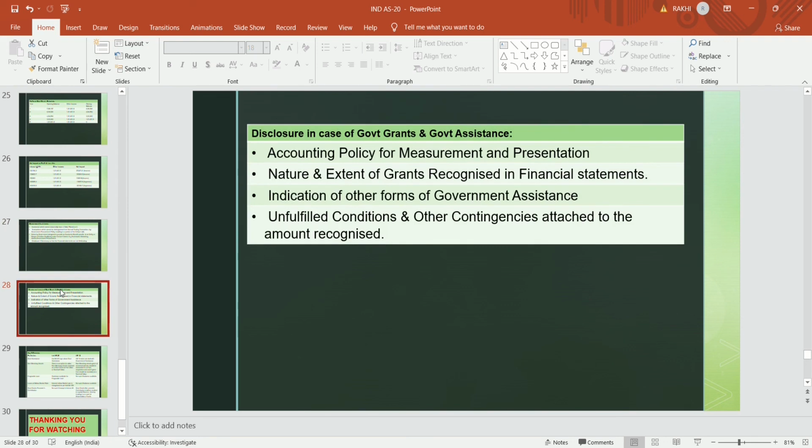Now, disclosure in case of government grant and government assistance.